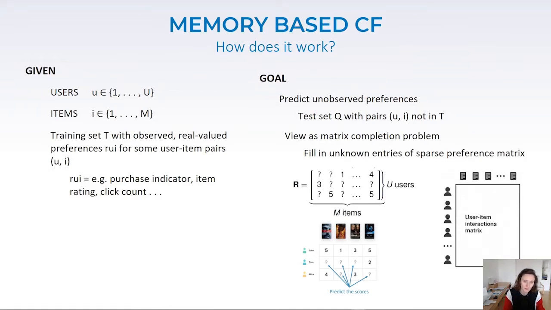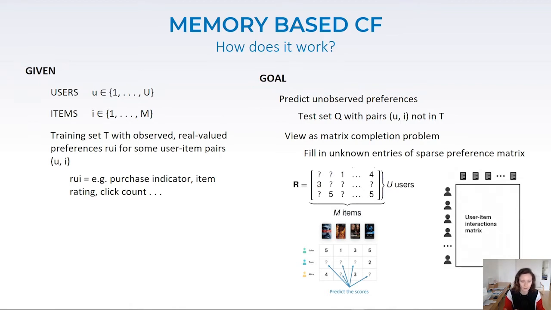The way memory-based filtering works is that we basically have a matrix of users and items. So we have users as rows and items as columns. And the values of this matrix are the feedback values. So for example, in the case of a rating system, these feedback values are ratings.